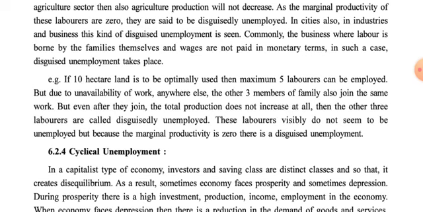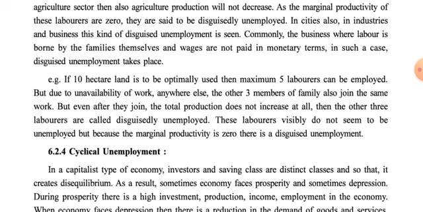Example: if 10 hectares of land are to be optimally used, then a maximum of 5 laborers can be employed. But due to unavailability of work anywhere else, the other 3 members of the family also join the same work. Even after they join, the total production does not increase at all. Then the other 3 laborers are called disguised unemployed.